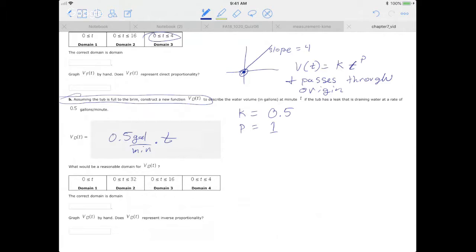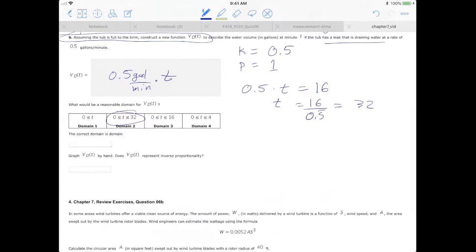So the question really is, for what T does 0.5 times T equal 16, right? When we're done pouring out 16 gallons, we'll be done draining. Okay. Well, dividing by half is the same as doubling, so I believe we're going to get 32 minutes out of this. Hey, look, it's even an option.